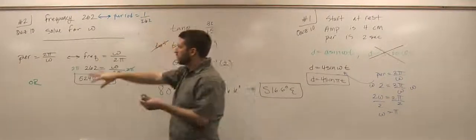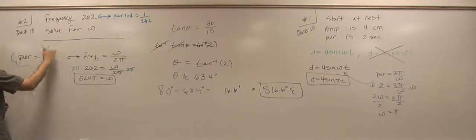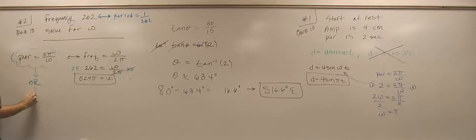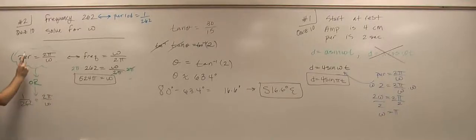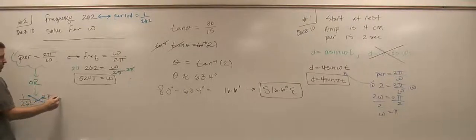So the other way to solve this problem would be to only use this formula here and set up 1 over 262 equals 2 pi over omega. So just plug in 1 over 262 here. And then you would have to multiply up the 262 and multiply up the omega. So omega equals the same thing. It ends up being the same.